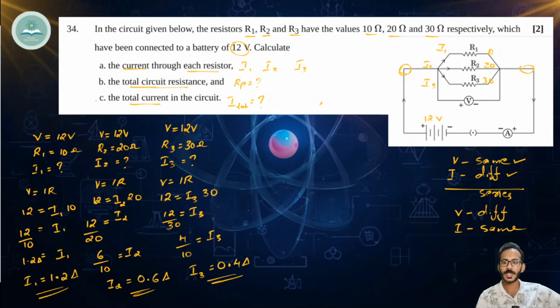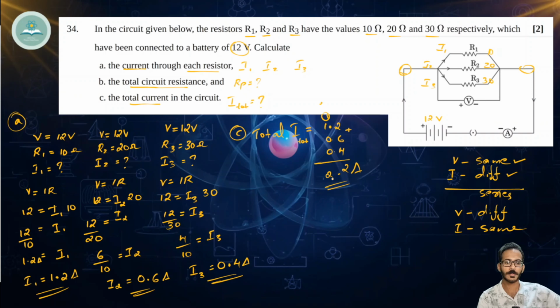So we have done the A part. In the C part, they are asking for the total current in the circuit. Total current can be found in this way also. I total is equal to 1.2 plus 0.6 plus 0.4, which is 2.2.